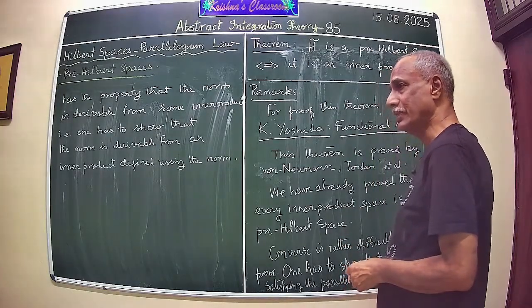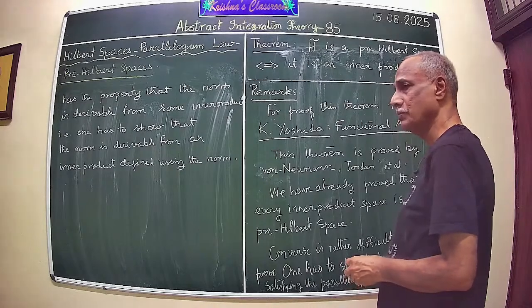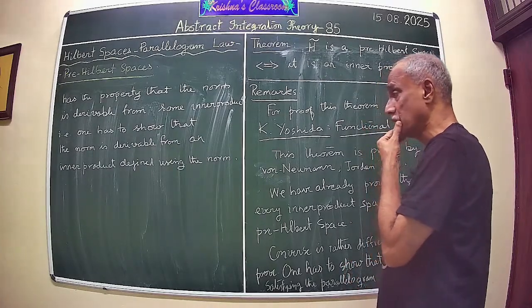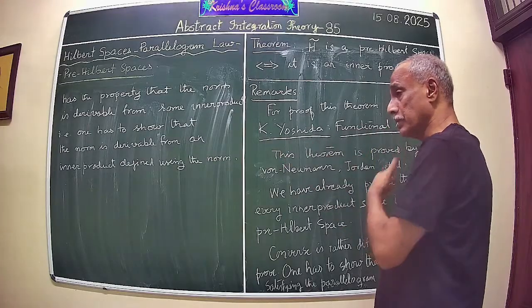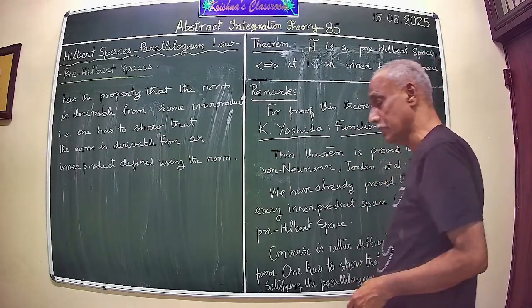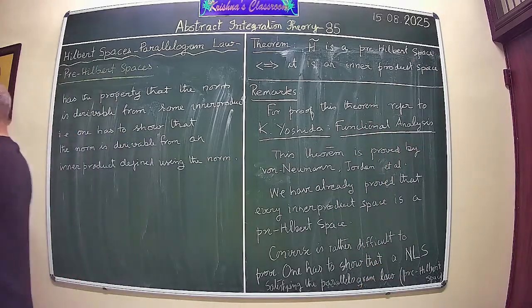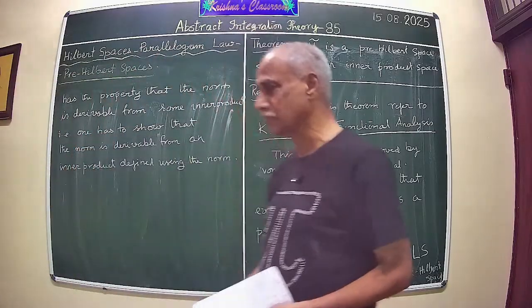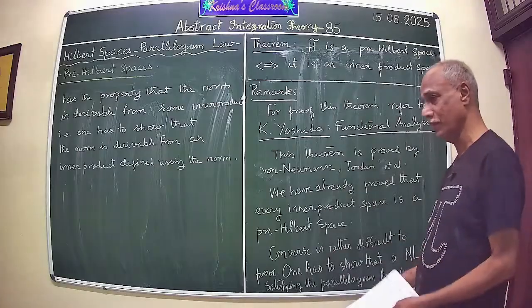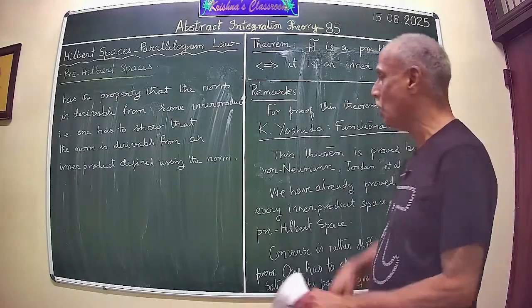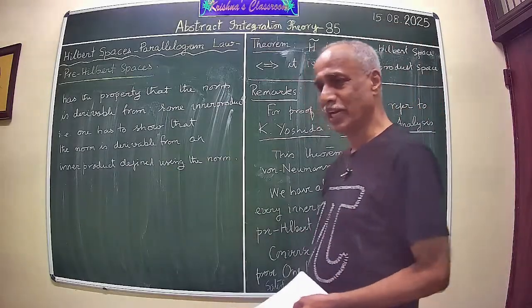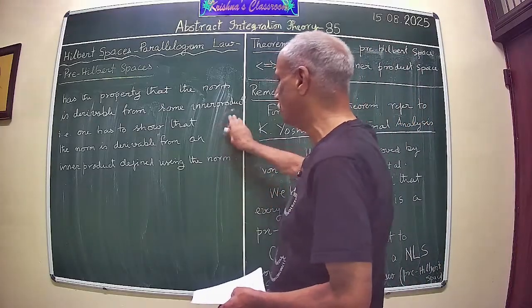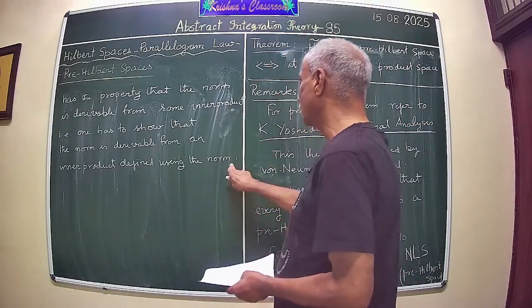Okay, so in terms of the norm you have to derive. So the inner product of x with y has to be expressed in terms of the norm. Okay, you can use the norm of x plus y, norm of x minus y, norm of x plus iy, norm of x minus iy. All these things are used in the expression. So since I am not going to deal with the proof, I am not going into the expression.